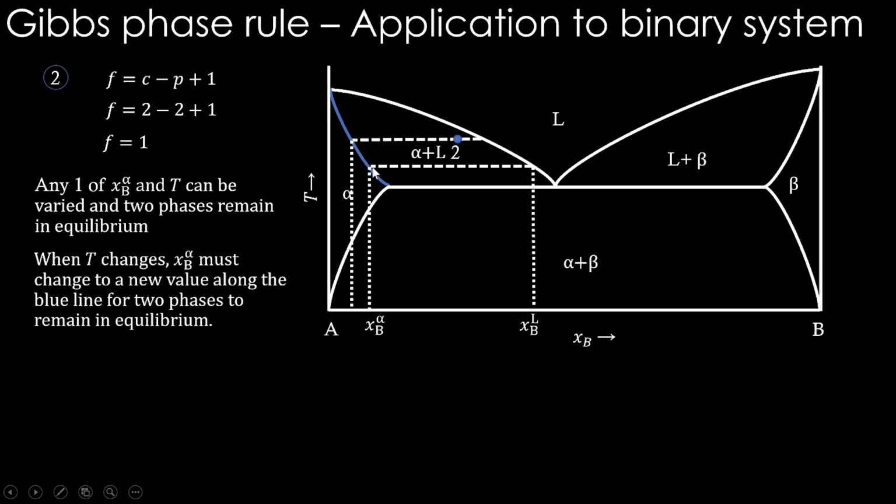Along this line, it has to change from this composition to this composition. Along the blue line, two phases remain in equilibrium. Otherwise, two phase equilibrium will be disrupted. Therefore, we call it monovariant. This two phase equilibrium in this entire range is a monovariant equilibrium, meaning only one variable can change independently.